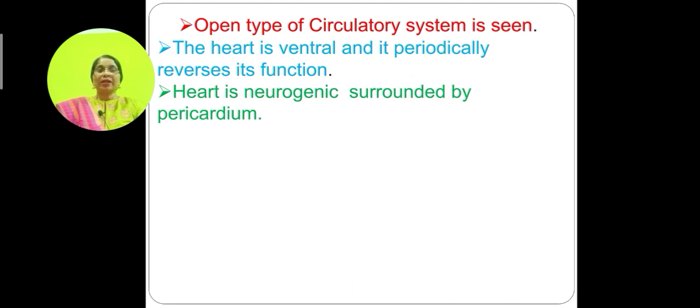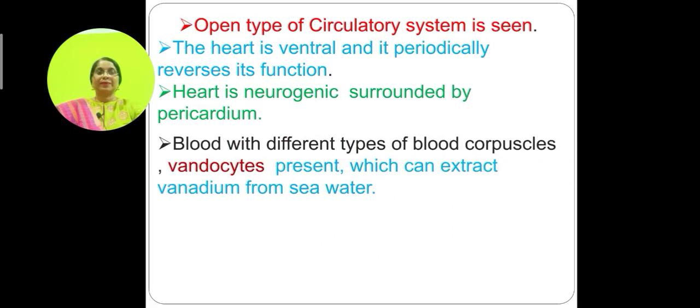The heart is neurogenic and surrounded by the pericardium. Blood has different types of blood corpuscles, and vanadocytes are present which can extract vanadium from seawater. This is a very special character present in tunicates.